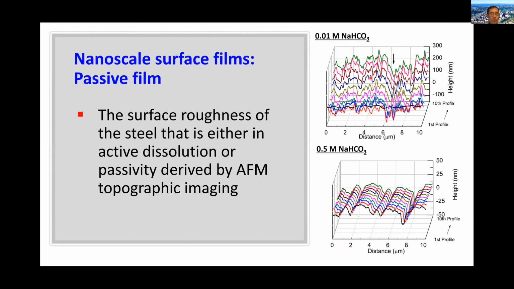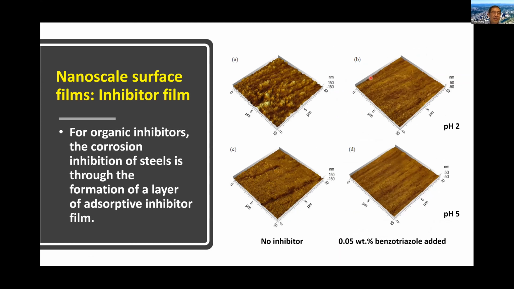So in addition to the passive film, an inhibitor is a very typical technique to control corrosion. When we characterize the inhibitor film, you can see that when the metal is covered by the organic inhibitor film, at the nanoscale, in different solutions with different pH, the surface topography is quite different.